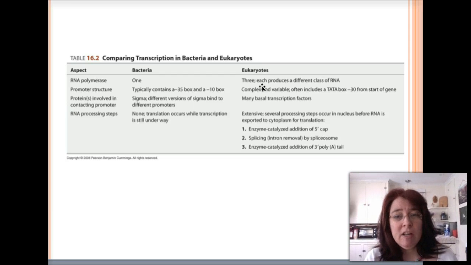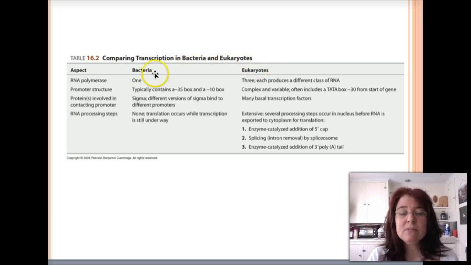And rRNA is produced by RNA polymerase 1. So that's a pretty big difference between these 2 groups of organisms. And as you move down the table, you can see comparisons between the other aspects of transcription.